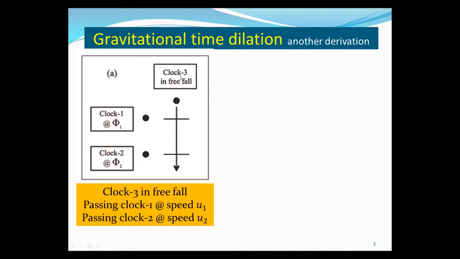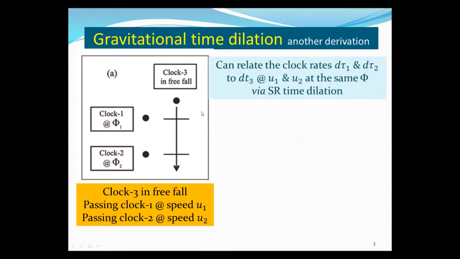The third clock, we're just going to drop, so it's in free fall, passing clock 1 at phi 1 and passing clock 2 at phi 2, with different speeds u1 and u2. Or another way, in the rest frame of clock 3, you will see clock 1 going up with velocity u1 and clock 2 going up with velocity u2.